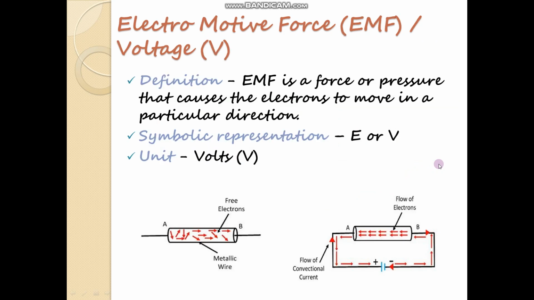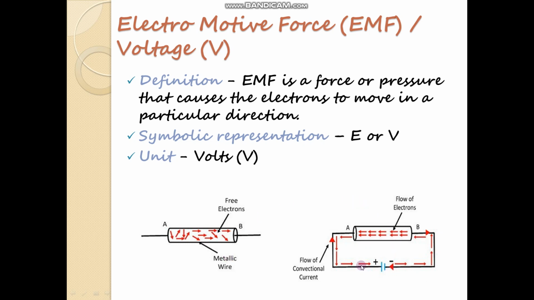Now these are some basic concepts of electrical circuit. First one is the electromotive force, EMF, also called the voltage. What is the EMF or voltage? See, this is the conducting material, and the electrons within it are moving randomly in different directions.